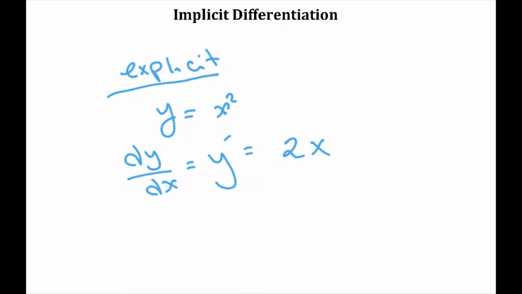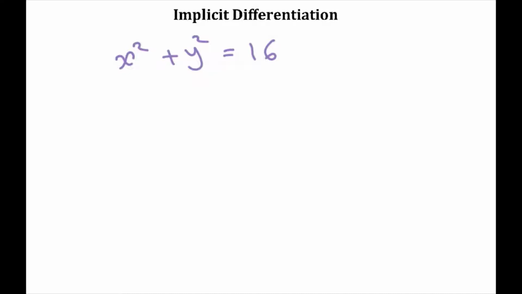Now, what about if the function is not written in a form y equal something else? So let's look at this here. If I have a function like x squared plus y squared equals 16, this function has not been written as y equal.